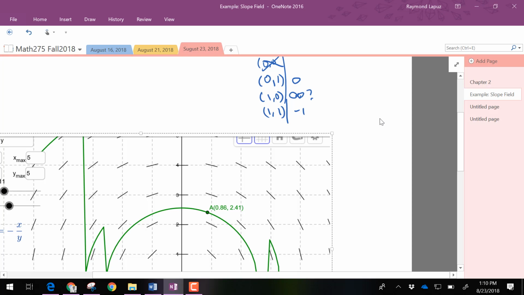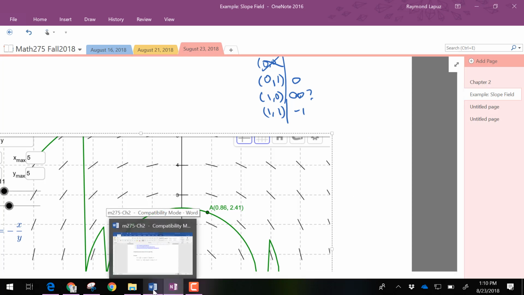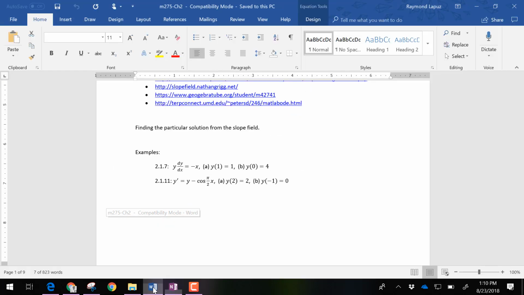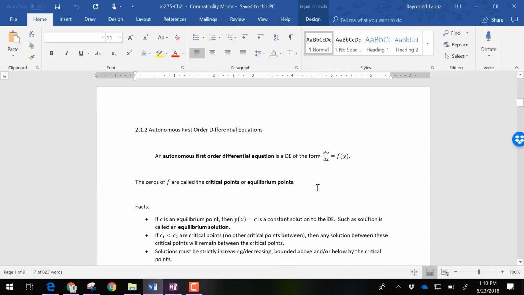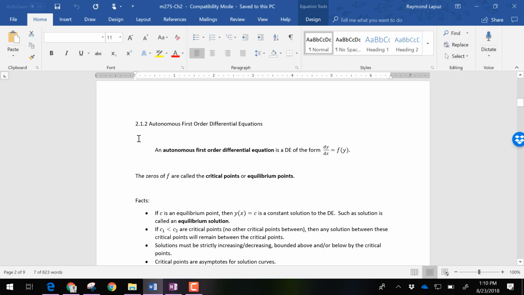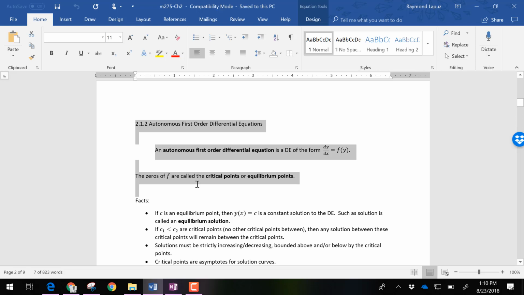All right. So that's the first part of the first section in chapter 2, slope fields. The next part is also trying to visualize this, and we're going to define what's called an autonomous differential equation.